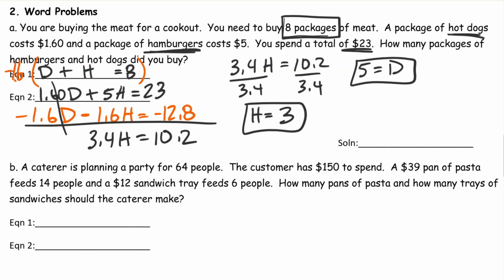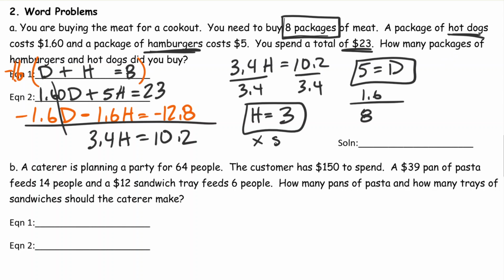And let's multiply. If we had 5 dogs and a dog is $1.60, what's 5 times $1.60? So 5 times 1.6 equals 8. And 3 hamburgers, right?